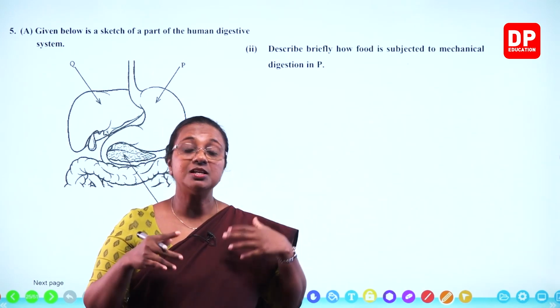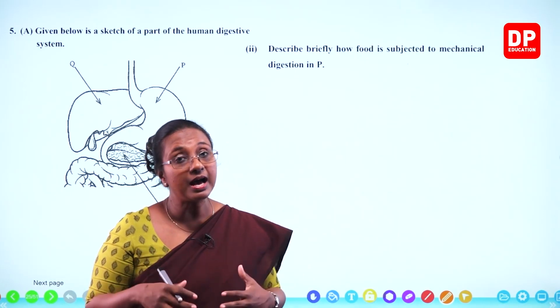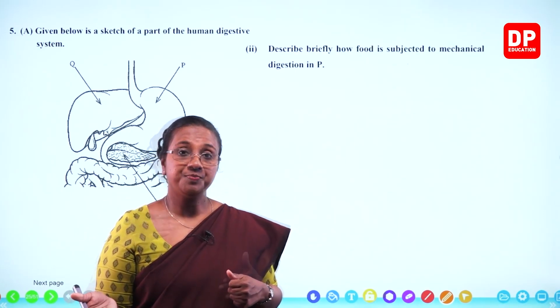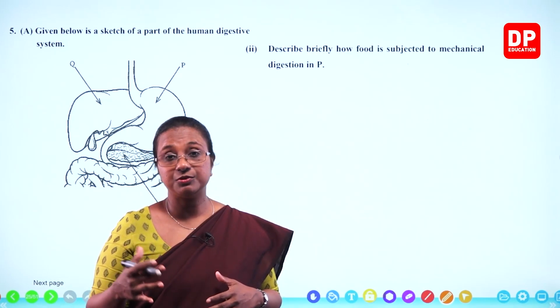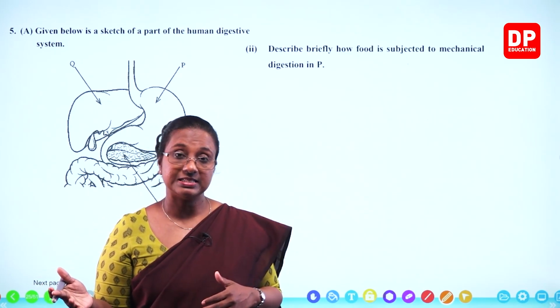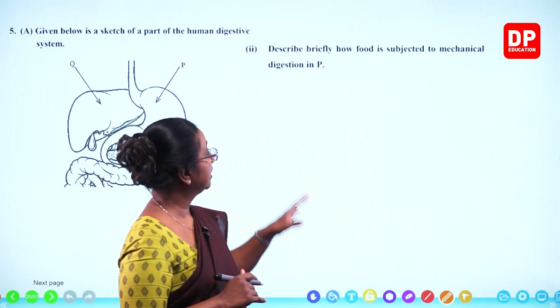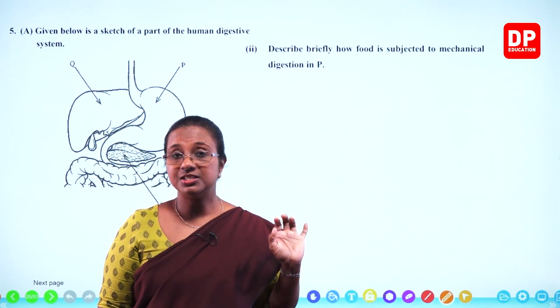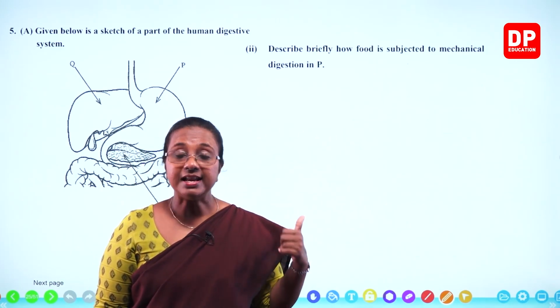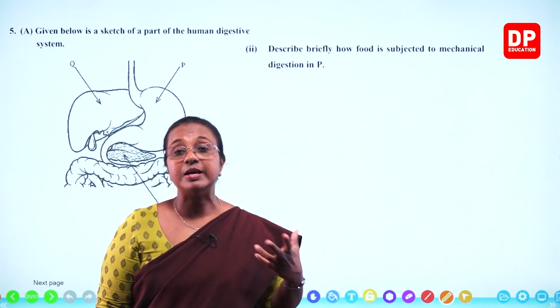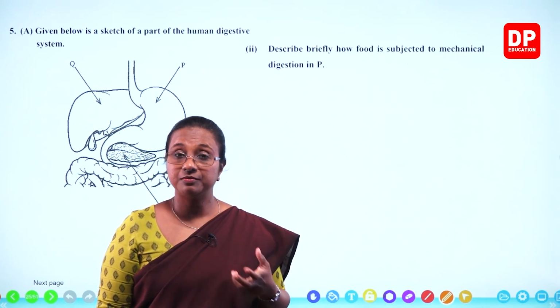So those particles go into the stomach, but they need to be broken down. Then only the food can enter into the small intestine. So for that to happen, there is mechanical digestion inside the stomach. That happens due to the movement of muscles of the stomach wall.